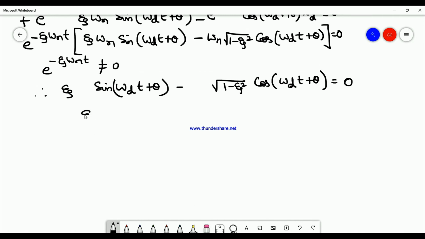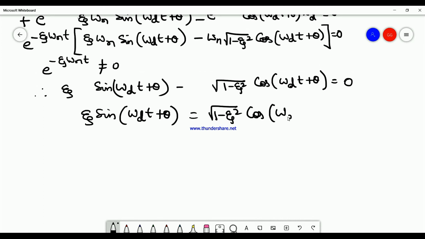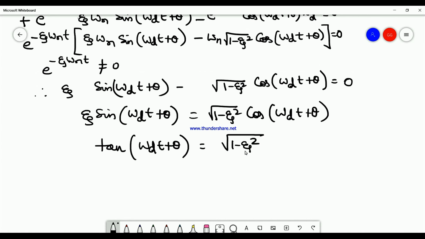I'll say zeta into sin omega dt plus theta equals root of 1 minus zeta square into cos of omega dt plus theta. Now sin by cos can be written as tan of omega dt plus theta equals square root of 1 minus zeta square by zeta.